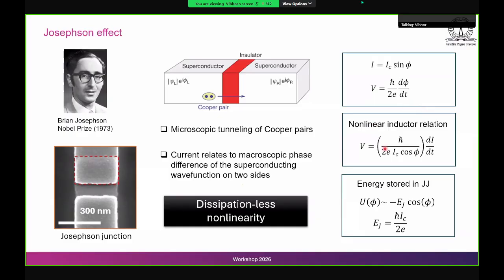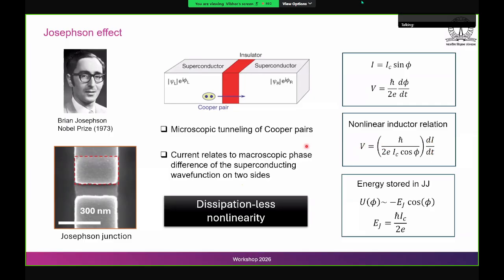If we look at these two relations, we can derive a very simple thing here: by taking a time derivative of the first one, we can find a relation like this. And what this relation tells you immediately is that we have a circuit element where voltage is proportional to the rate of change of current. Any electrical engineer at this point would say that this is the equation of an inductor, right?